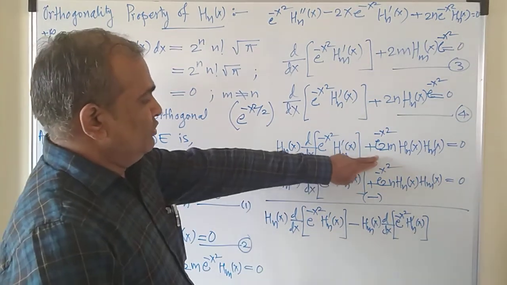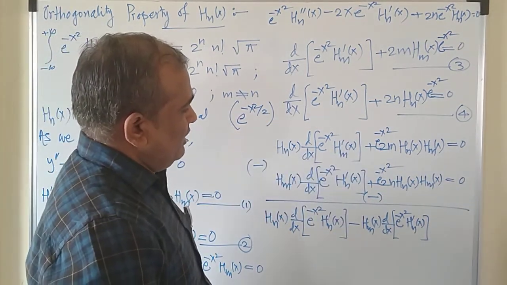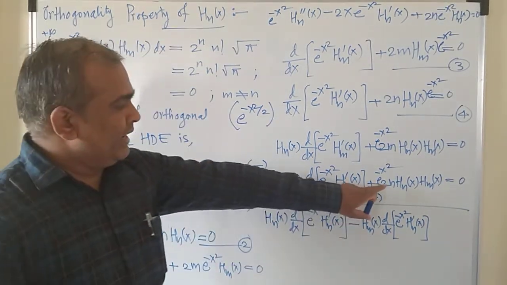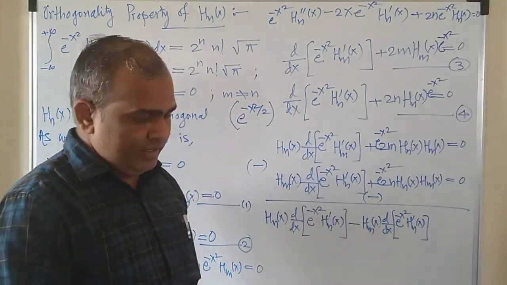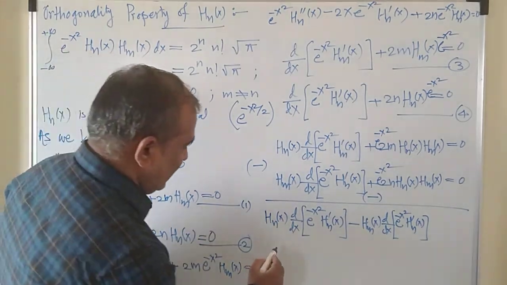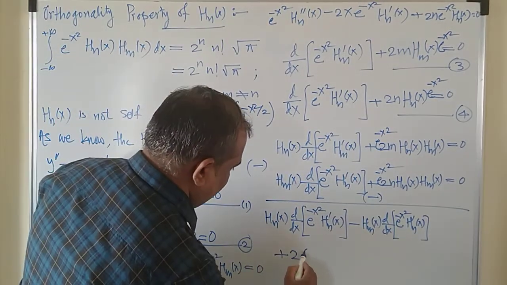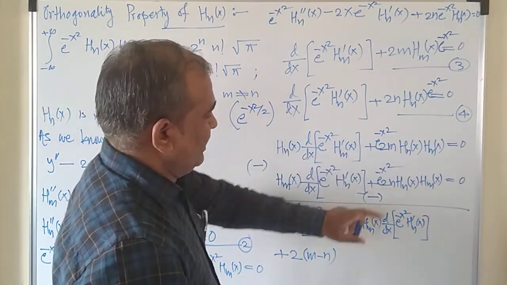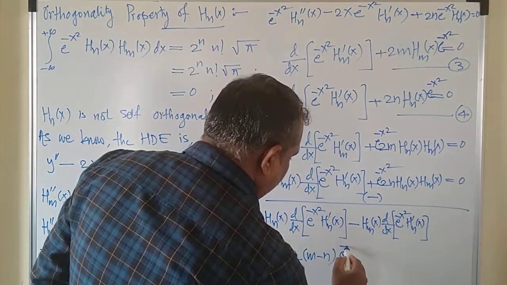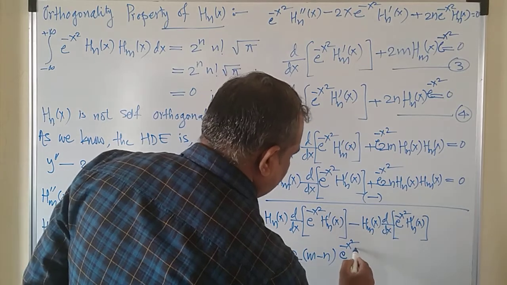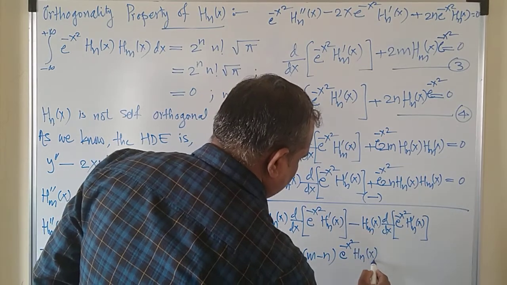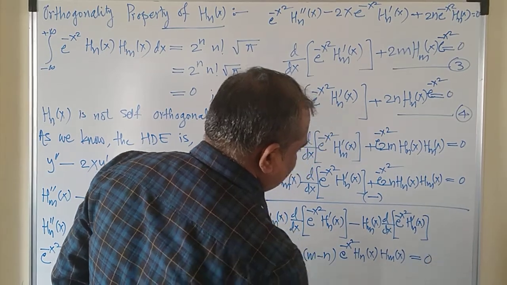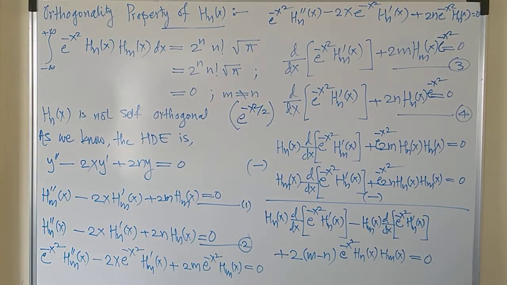And this minus this, that means plus 2, I can take out common, m minus n, right? So I'll write this term as plus 2 times m minus n, e raised to minus x square will be as it is, Hn of x Hm of x, and this is equal to 0, right?